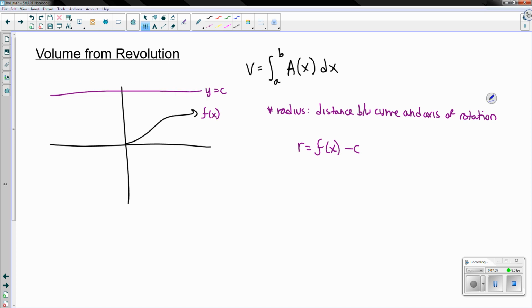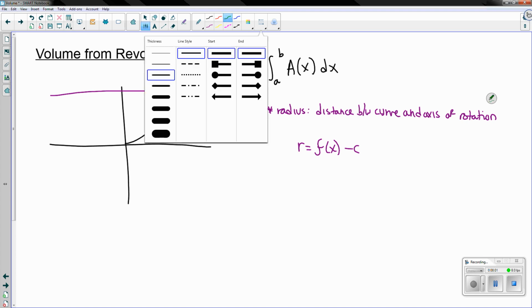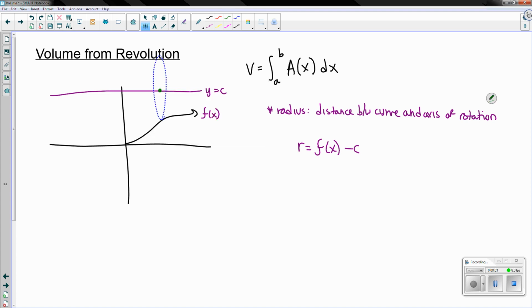If we're rotating around, we're going to see that circle value. We know the radius is from the axis of rotation to the function. So in this case, our radius is going to be c minus f of x. Just make sure you pay attention to things like that. Always top minus bottom when calculating the distance between the two curves.